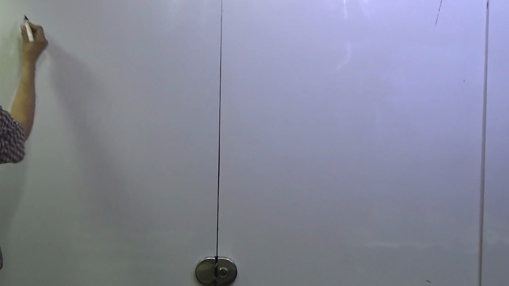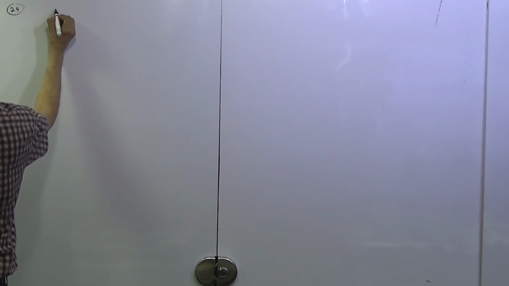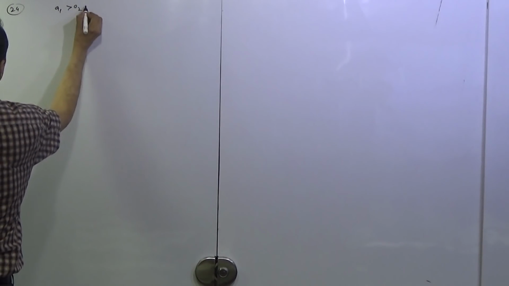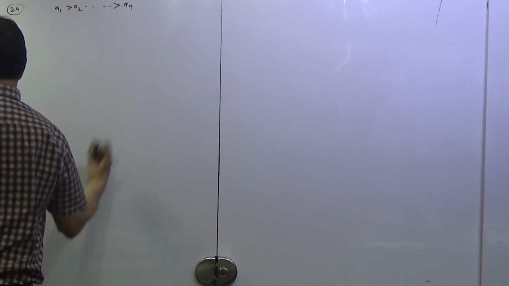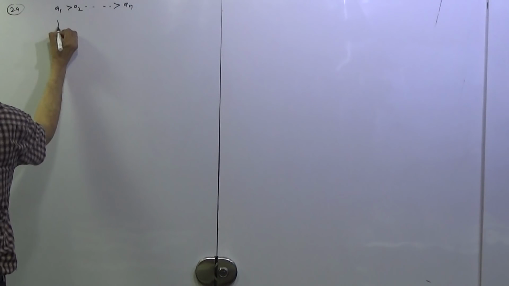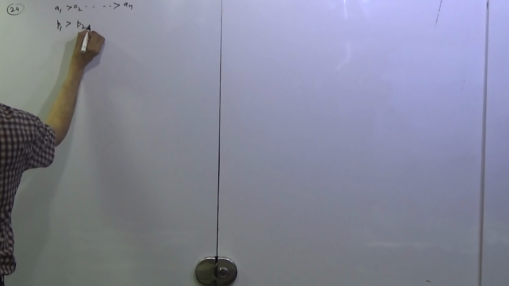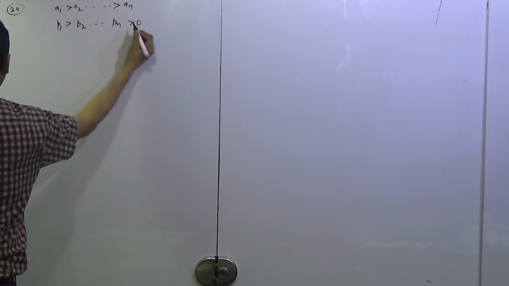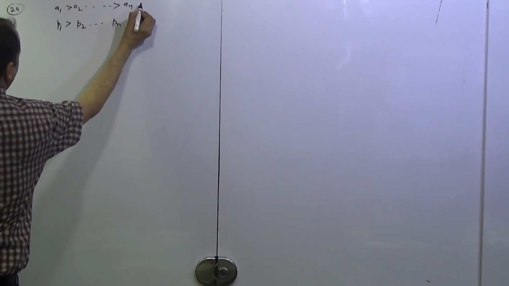So just read the second last problem for the day. Question number 24. It's been given A1 greater than A2. It's a very important relation given to you. You should notice it carefully. P1, P2, up to Pn are all positive, and each An is greater than 1.